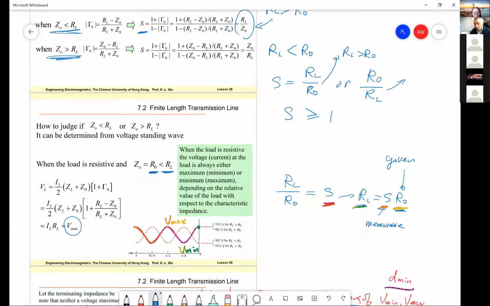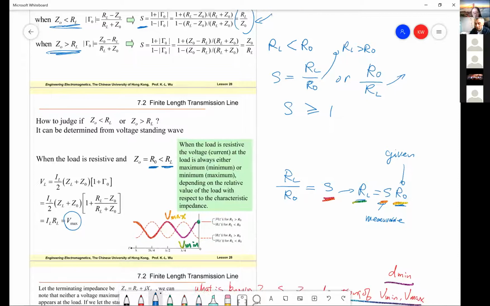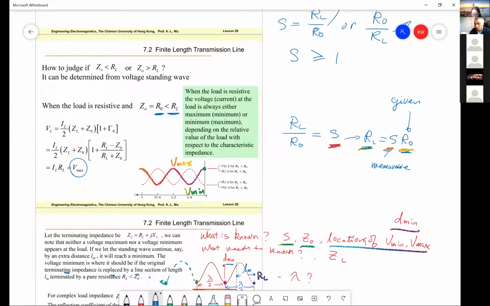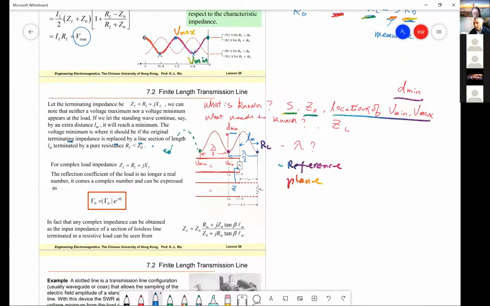If the load is smaller than the characteristic impedance, then we reach the voltage minimum. So it depends on which information you like to use. In this example, we use the voltage minimum information. In this case, the load is always less than the characteristic impedance.